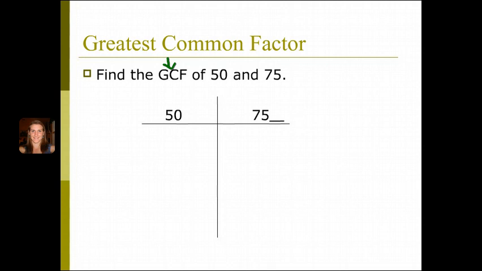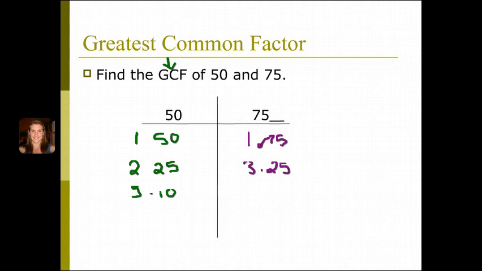Well, the factors of 50 would be 1 and 50, 1 times 50, 2 times 25, and 5 times 10. The factors of 75 are 1 and 75, 3 times 25, and 5 times 15.